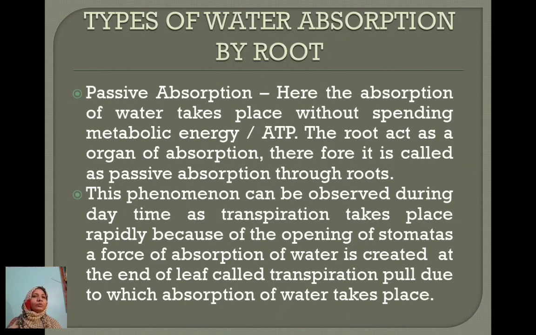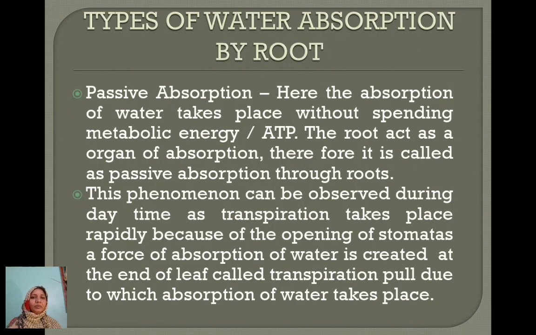In the case of passive absorption, the absorption of water takes place without spending metabolic energy or ATPs. Here the root acts only as an organ of absorption. Therefore, it is called passive absorption.